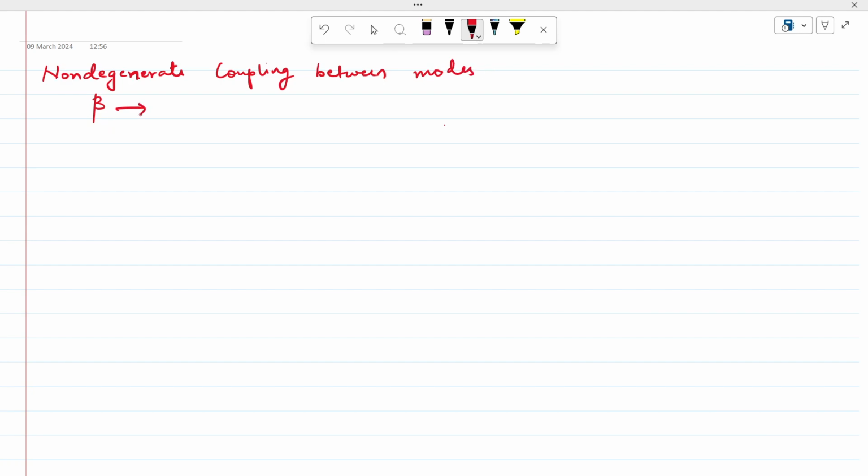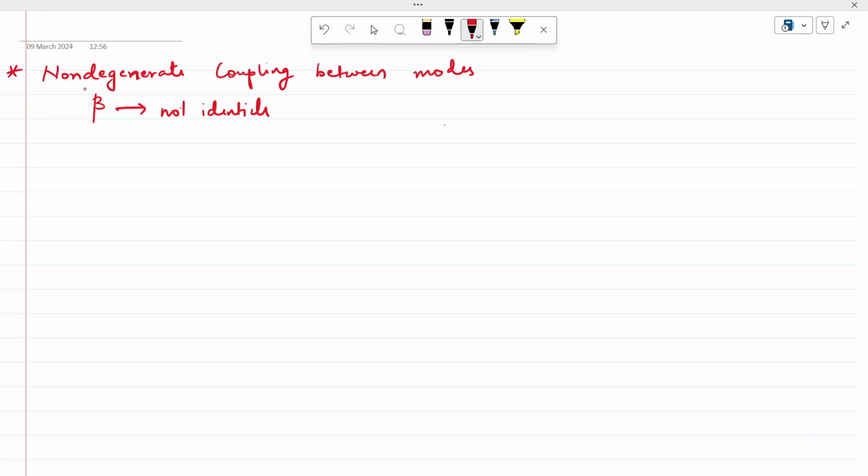Non-degenerate coupling means beta is not identical. So if we are trying to couple beta 1 and beta 2, and these two modes are not identical, then we call it non-degenerate coupling. We study that separately from degenerate coupling, because the kind of assumptions that we can make while writing the equations for non-degenerate coupling are different from the degenerate coupling case.